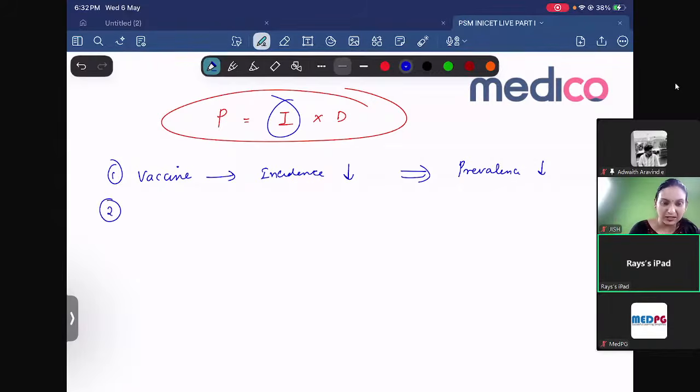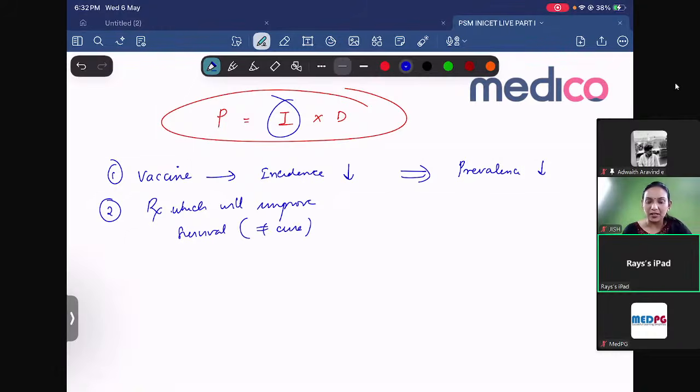Second example can be, what happens in case of finding a treatment which will improve the survival? But it won't cure. For example, let's take the case of HIV, AIDS.